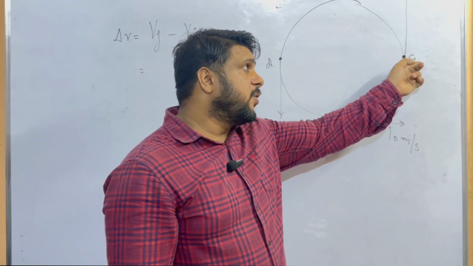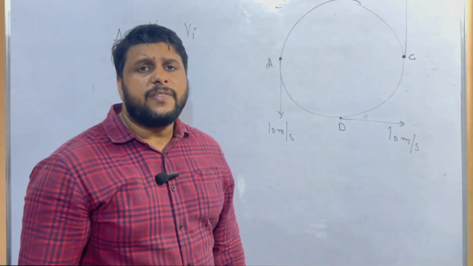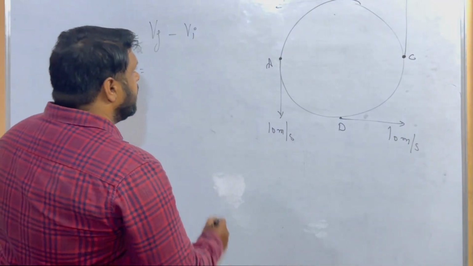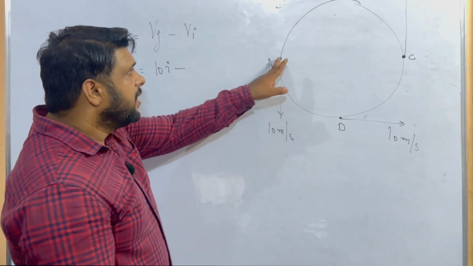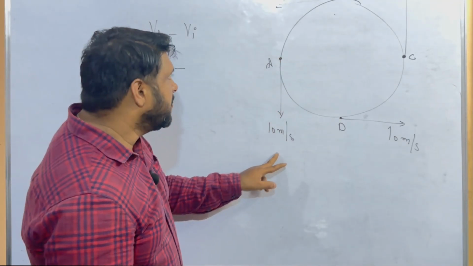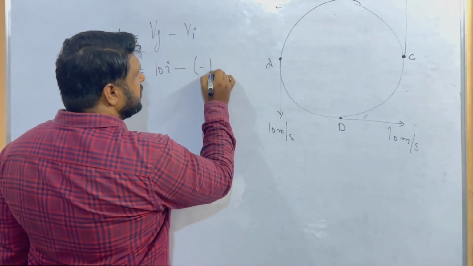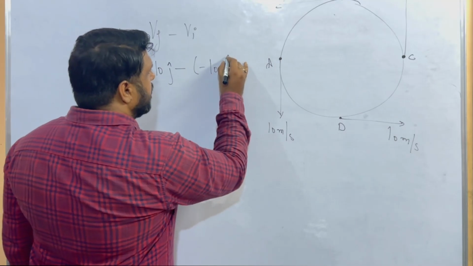In this scenario, the final velocity is acting in the positive x direction, so it will become 10i, then minus the initial. This is my initial position, but it is acting in the opposite direction, so it will become minus, not i, this is j cap.